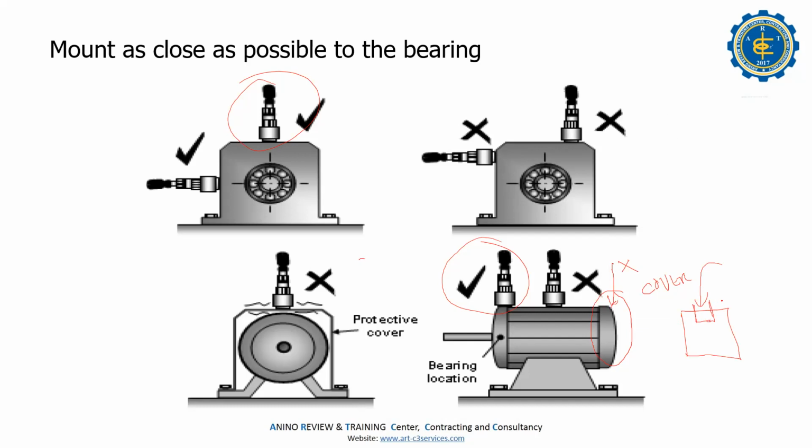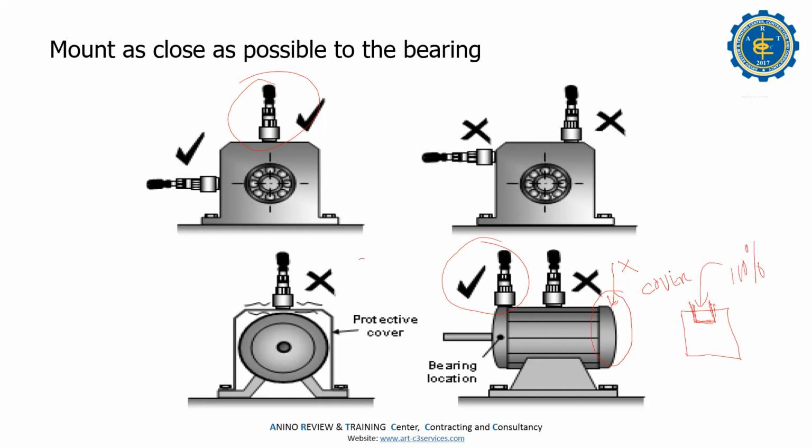You can ask your maintenance department. If you cannot get the vibration reading of this motor properly, you can talk to your management about this one. 100% they will agree.